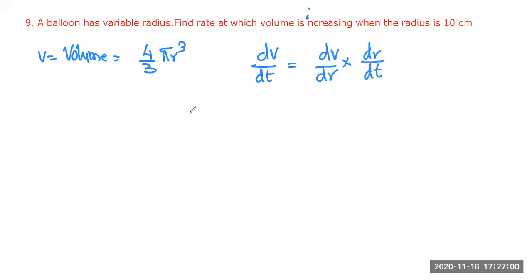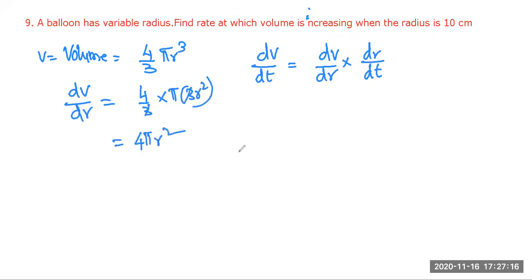This is what we need to find. So when I differentiate this, dV by dr is 4 by 3 into pi into 3r square, 3 gets cancelled. So we got 4 pi r square. So dV by dt equals dV by dr, 4 pi r square, multiplied by dr by dt.